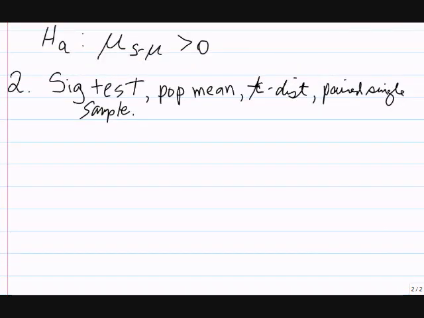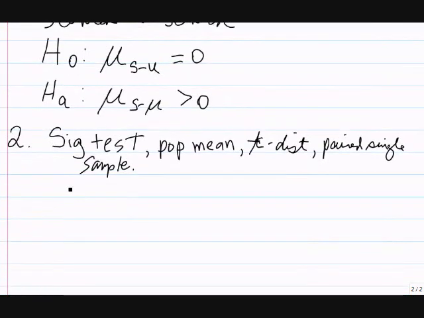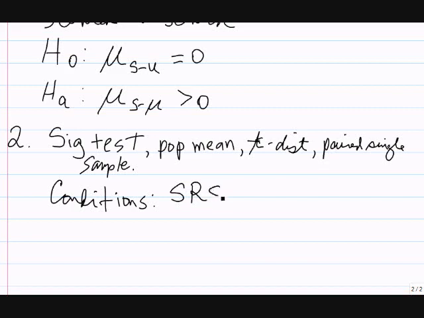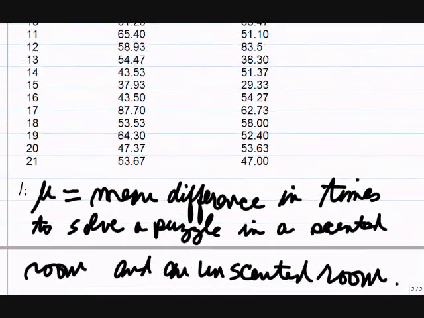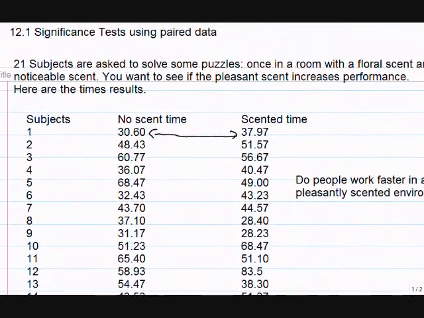Okay. Next, we want to check conditions. Do we have a simple random sample of people working puzzles? Well, do these people volunteer?